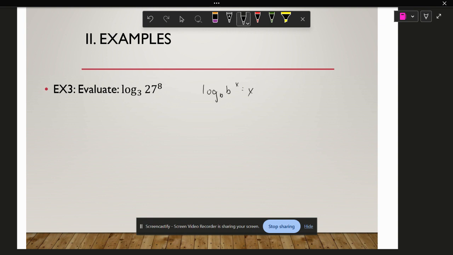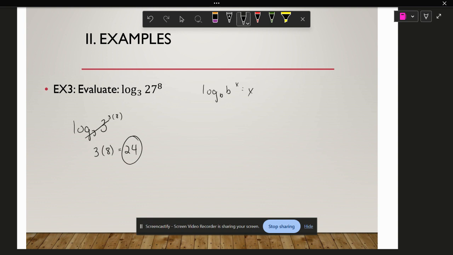If you can see that the base is 3 and 27 is 3 to some power, that's where this will be perfect. So I could rewrite this as log base 3 of 3 cubed to the 8th, which would then mean that these would cancel, and my answer would just be 3 times 8, which is 24. That's one way to do it. If you can see it that way and it makes sense to you, then by all means, that works.